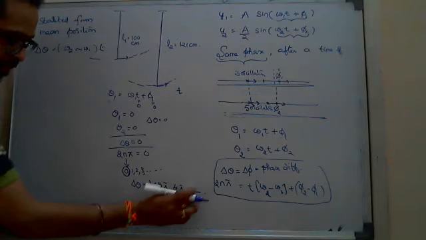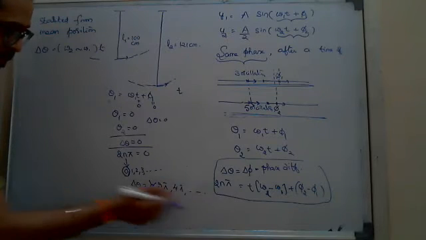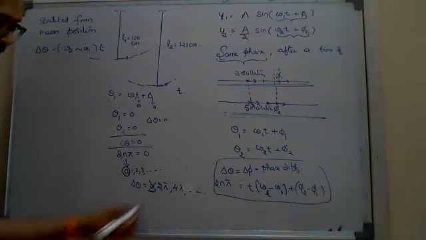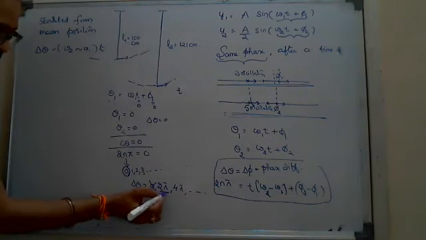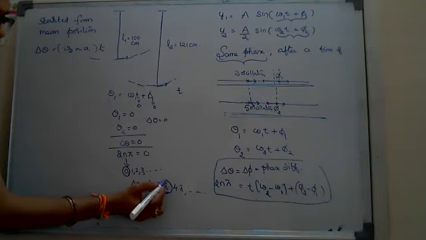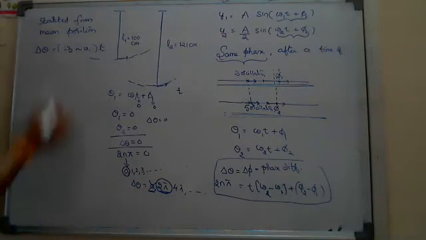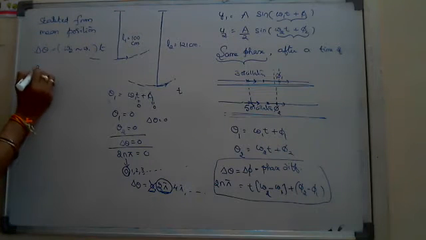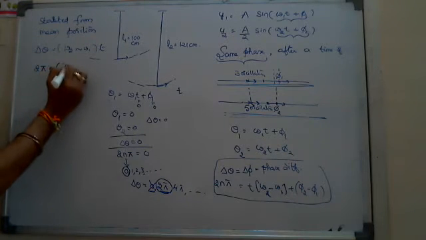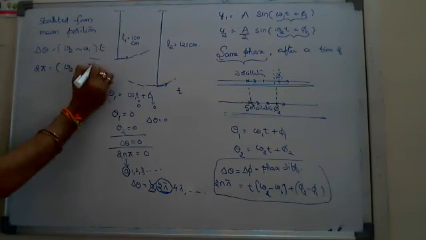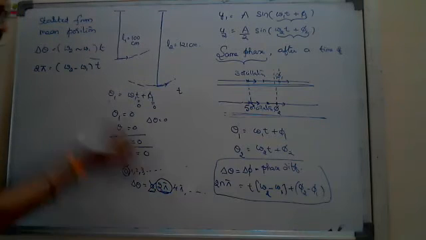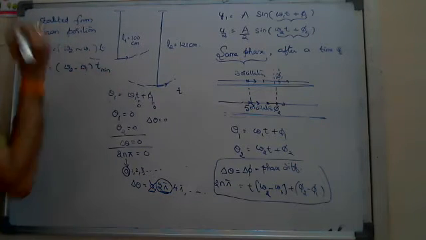Not the second time, not the third time, not the fourth time. Many times they will come into the same phase, but the first time they come into the same phase, I have to take the condition 2 pi. So delta theta here I take as 2 pi equals omega2 minus omega1 into t. The first time will be the minimum time.